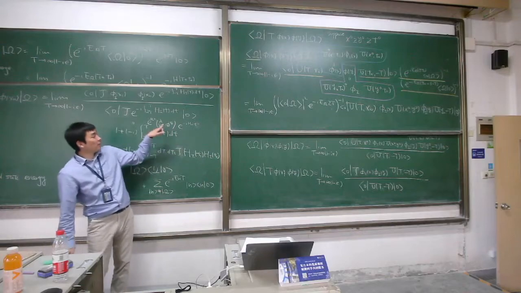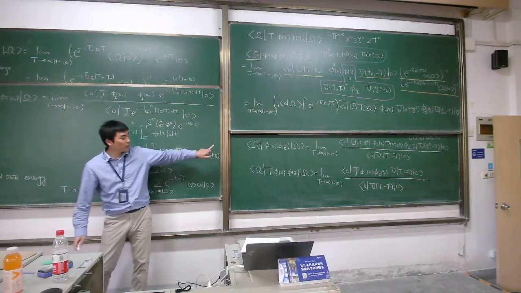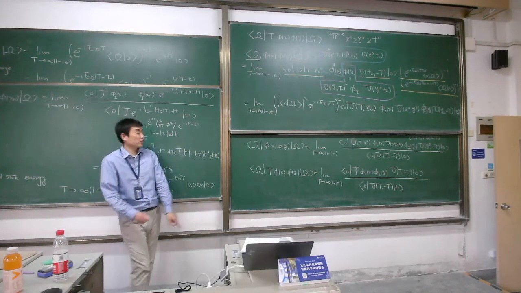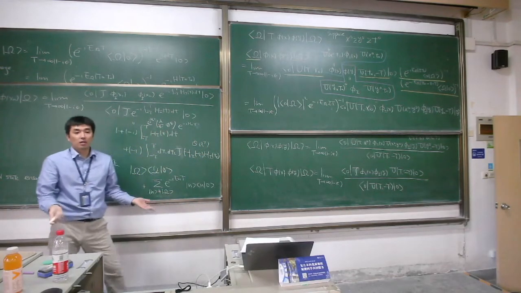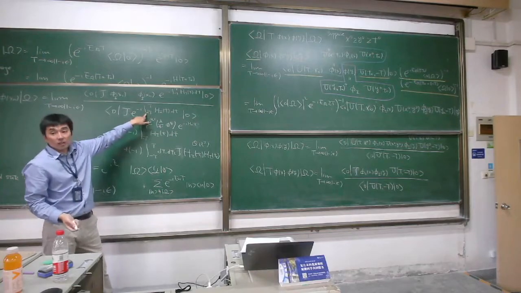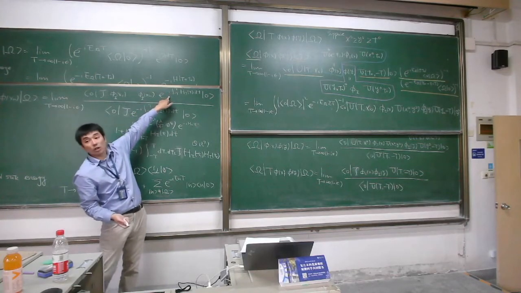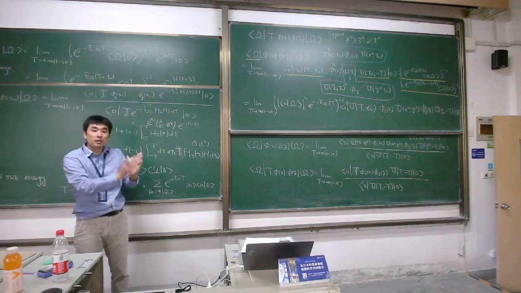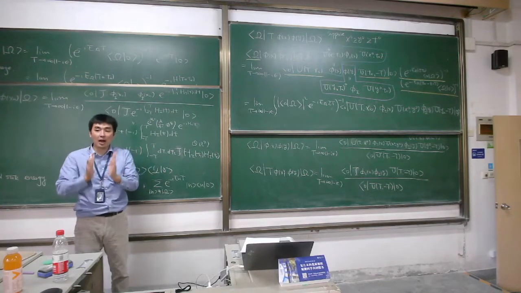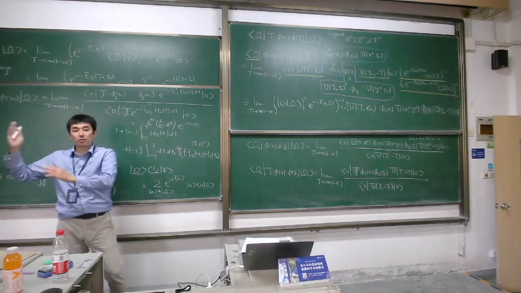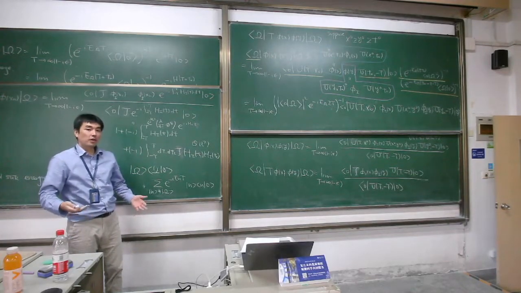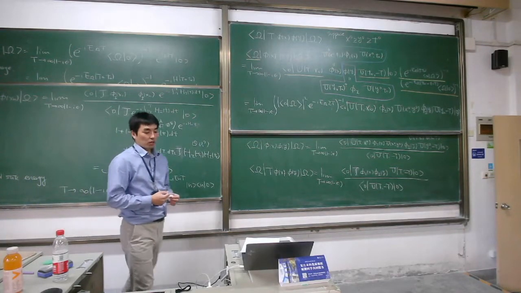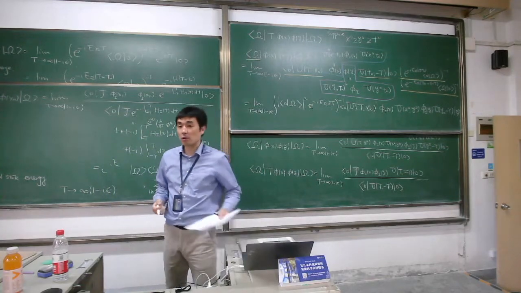Here you have lambda coming from here and lambda coming from here, so this is order lambda squared, and so on. Therefore if you expand this U operator, you have a perturbation theory, 1 plus lambda squared plus lambda cubed and so on, and that will encode information about quantum correction.